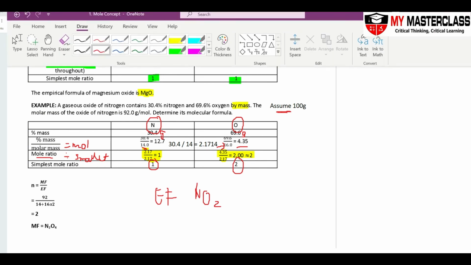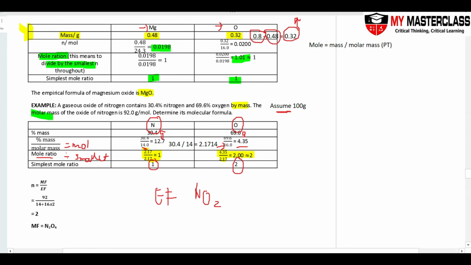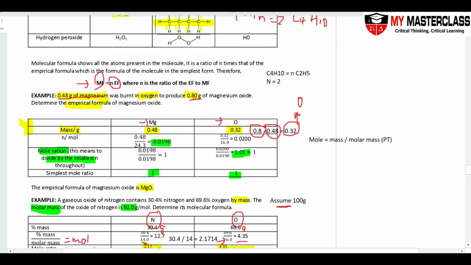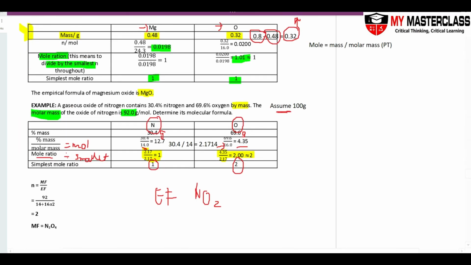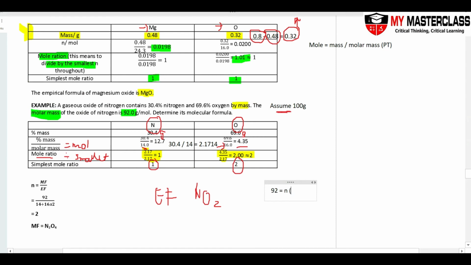Okay, another part to this question is when they say the molar mass is 92. In other words, if I add up the mass of all the atoms that are there, it will add up to 92. So apply back this formula, MF equals n times EF. MF is 92. What's your EF? 1 nitrogen, this is 14 plus 16 plus 16, which you should get 46.